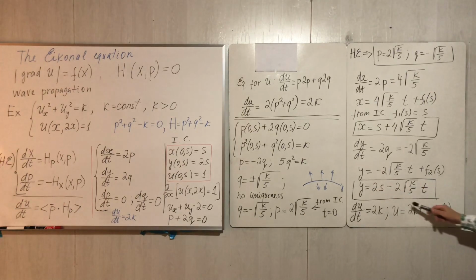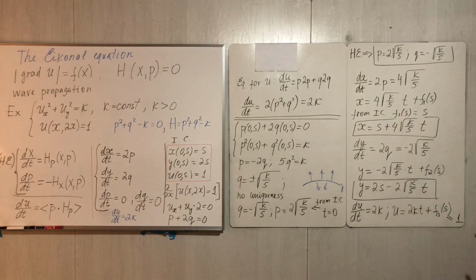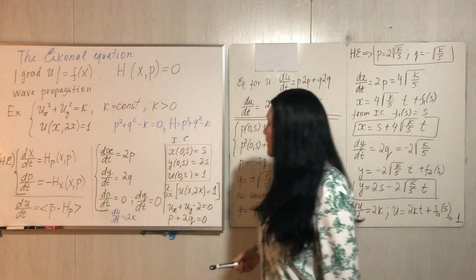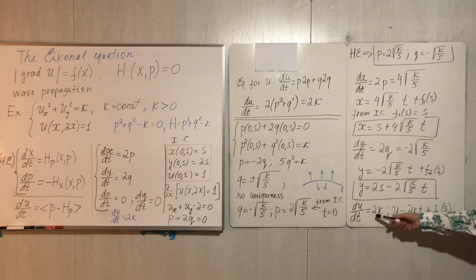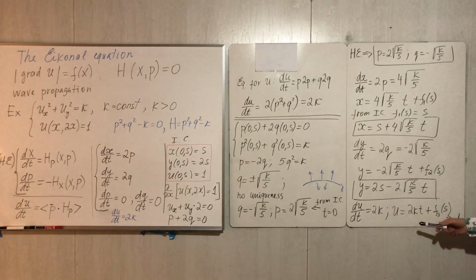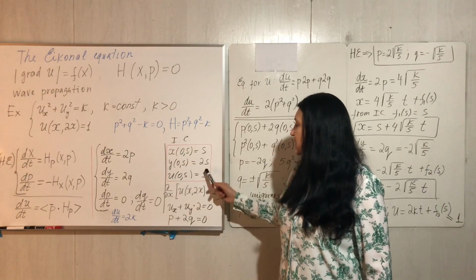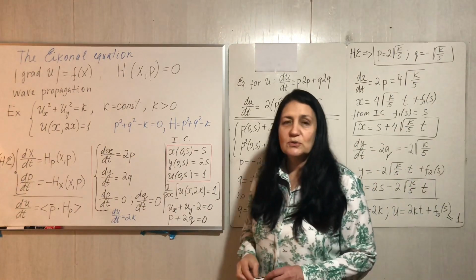So this is our final formula for y. And then our Hamilton's equations are solved. We need to solve the equation for u, which is also a simple equation, du dt equals 2k, and when we integrate we have 2kt plus F3 that depends on s, and the initial condition tells us that function F3 equals 1.